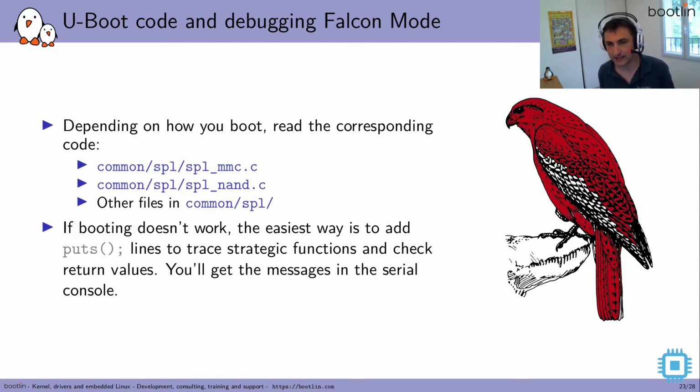So that's helpful. If booting doesn't work, and it won't at the first tries, I guess, the easiest way is to add puts lines to trace strategic functions and check return values, like when you load some objects, see if the size is right, etc. You'll get the messages in the serial console, and that's really easy to implement.